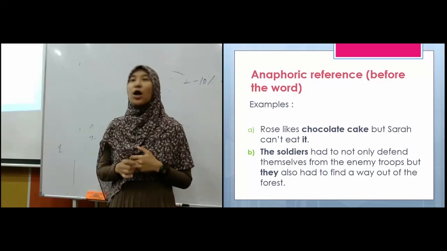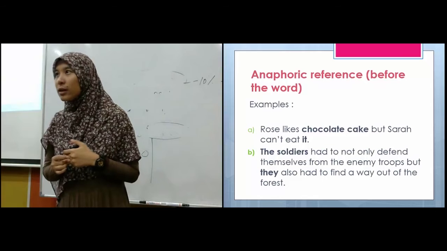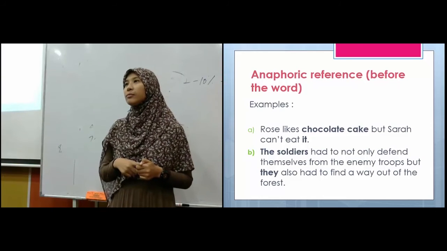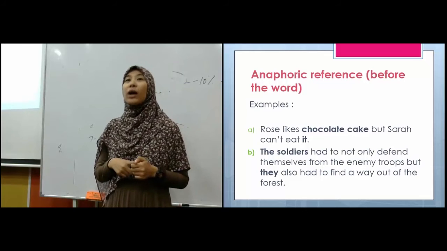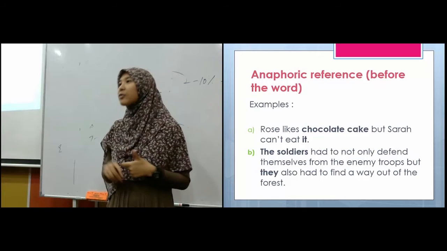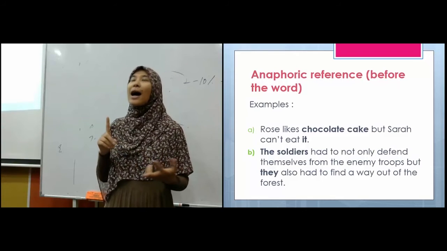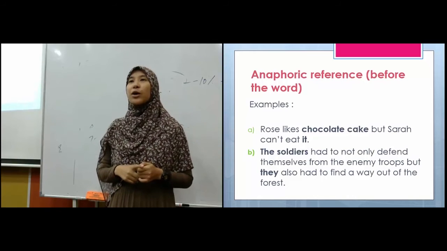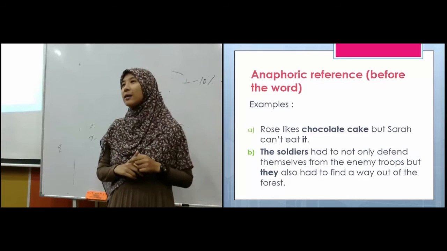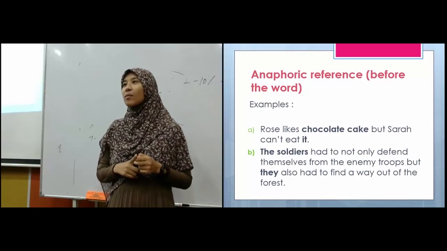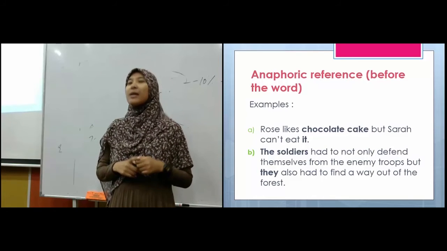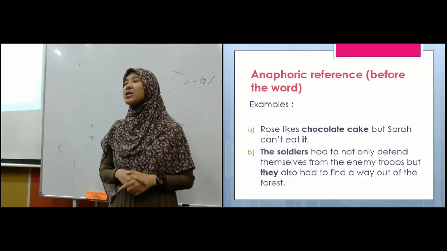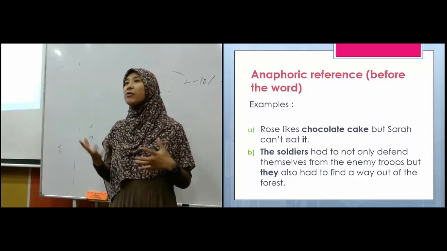So chocolate cake is a noun. What is a noun? Noun is a naming word, right? For animals, for things, for ideas and all. So here chocolate cake is a noun. What is the word eat? Yes, it refers to chocolate cake, but which part of speech does it fall under? Verb.